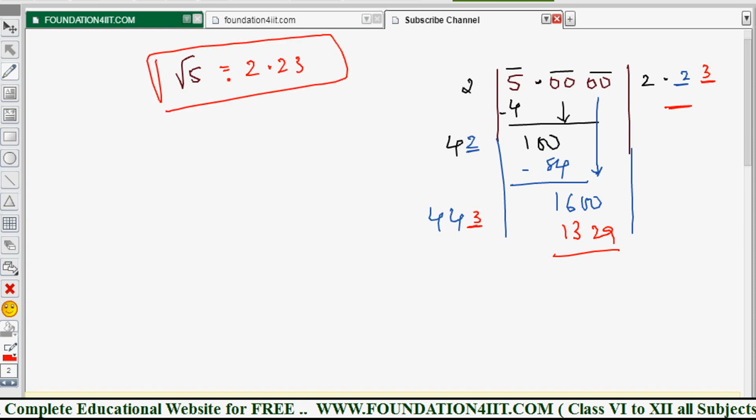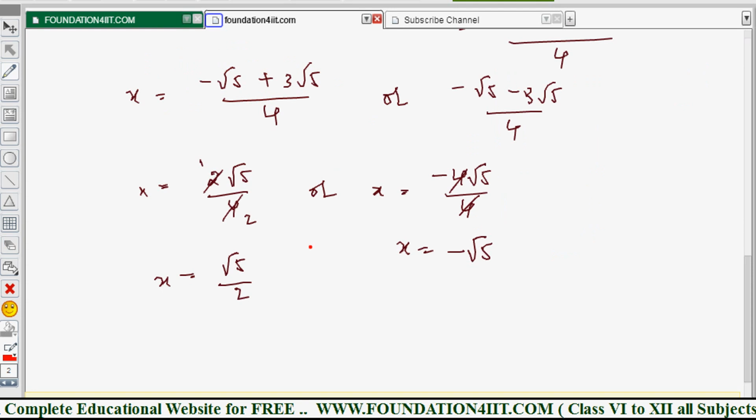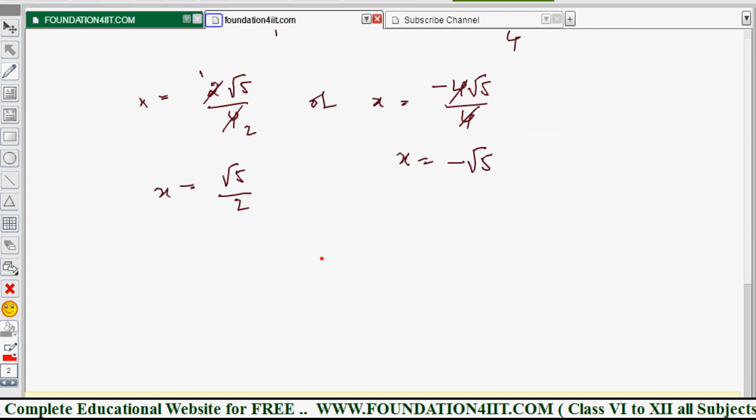This workout also should be beside the problem only, in the exam, not somewhere else. Then root 5 we got 2.23 divided by 2. So this is minus 2.23. 2.23 divided by 2 is 1.115.